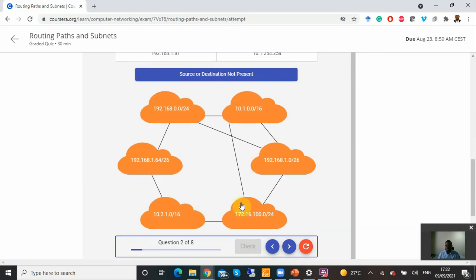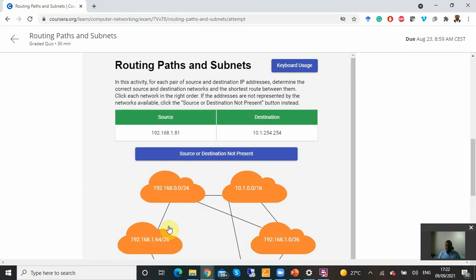So for the part that you are coming to this destination, passing through the network space ID, it means that you have to come from here because 64 and 81 are close by.